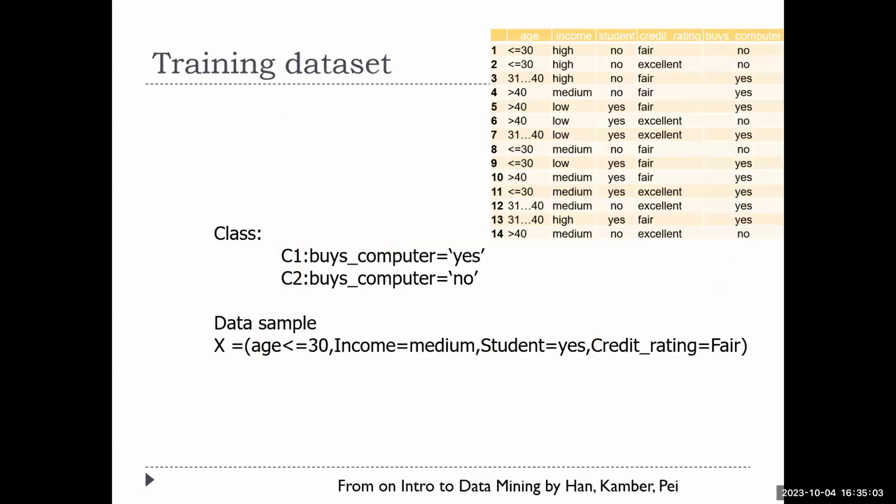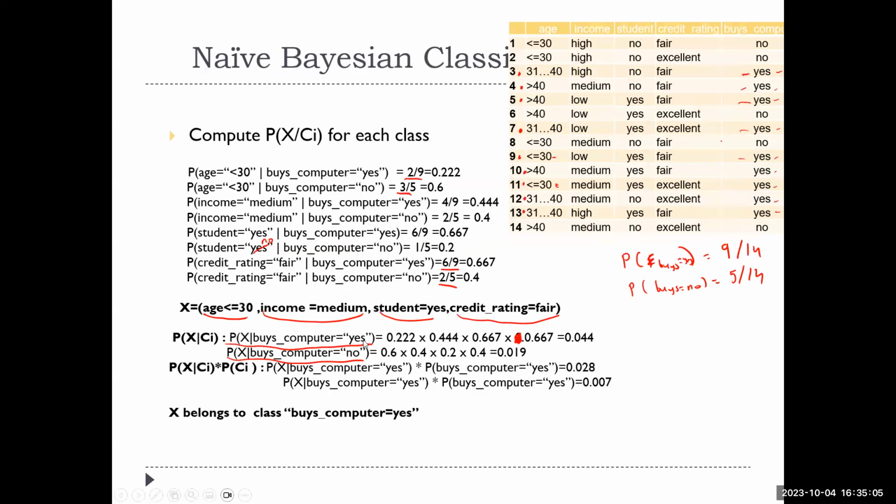So what I did here is, for class yes, I find the probability of age less than 30. For class yes, I find the probability of medium income, and the probability of being student, and for credit rating, the probability of being fair, and then multiply those 4 values.